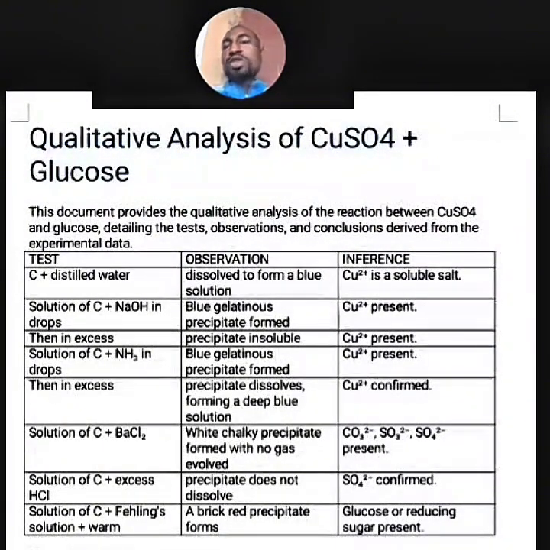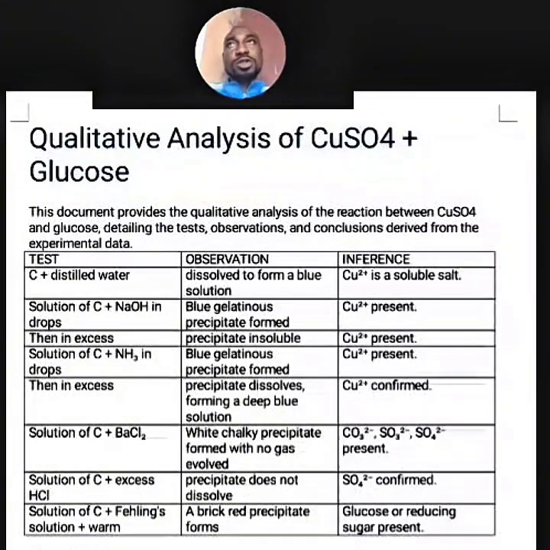Then we have just confirmed one salt. Remember, it's a mixture of copper sulfate plus glucose. So your examiner might want you to confirm your glucose. In confirming the glucose, the first test will be bringing your solution C plus Fehling's solution, and you warm it, you heat it.